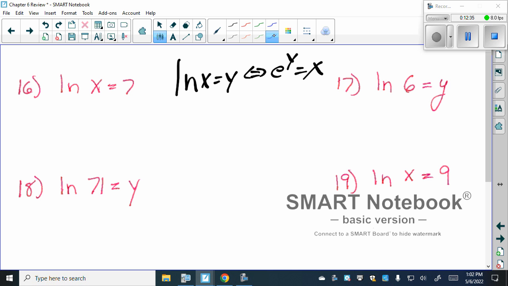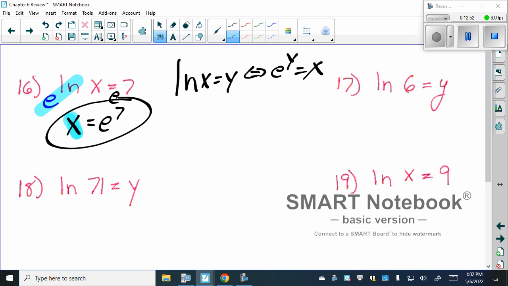Well, if I apply the ln of x to the base of e, well, we know that e and ln will cancel out, leaving me with just x. And what I do to one side, we have to do the other, telling us x is equal to e to the 7th, which is the same thing as what we switched. But I think at this point, y'all find applying the base e or applying those there a little bit easier. Questions on this here?